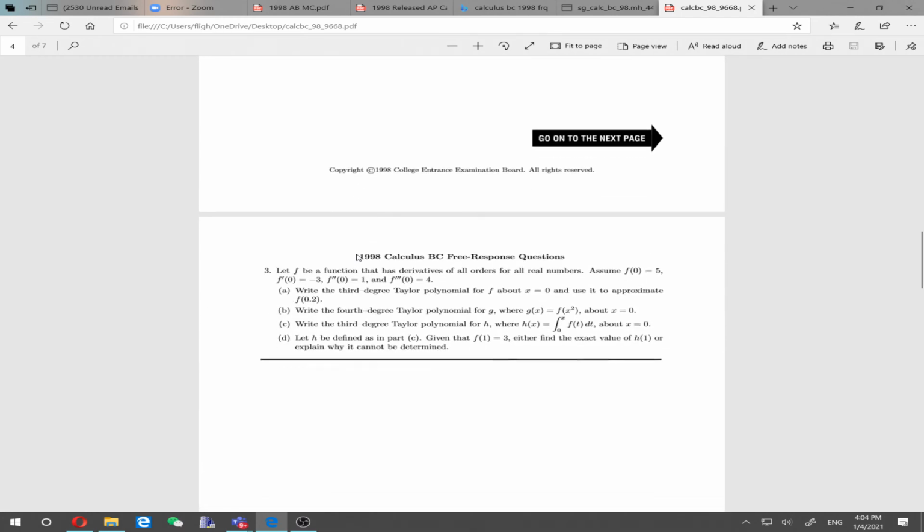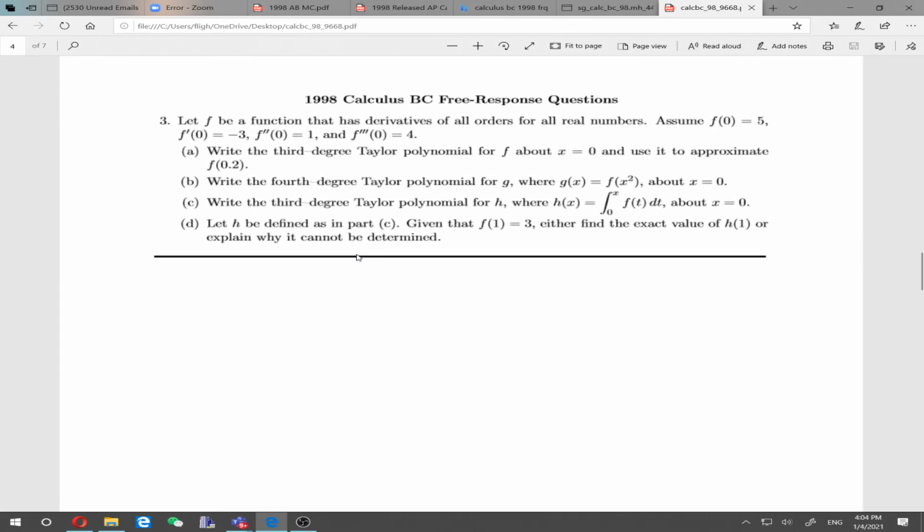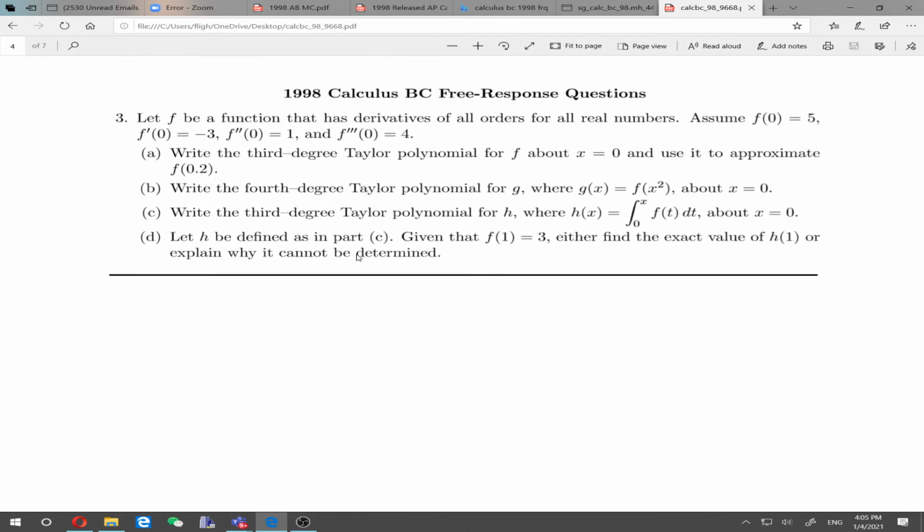Okay, so question number 3. We have a function that has derivatives of all orders for real numbers. We know our y value, the derivative, our second derivative, and third derivative at x equals 0.